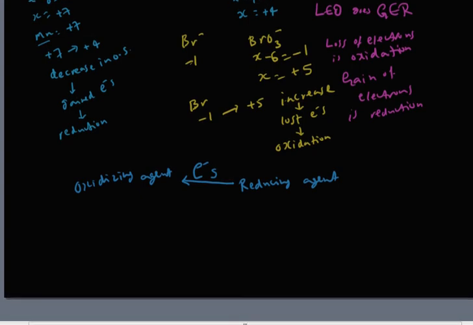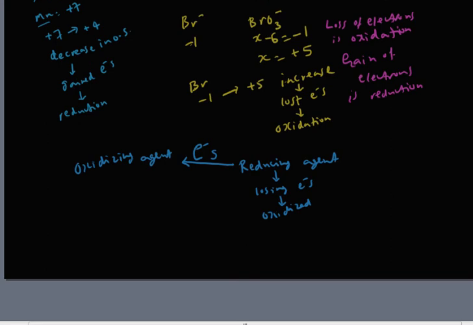Now what does that mean? Well, this is losing electrons, so I can say that is being oxidized. So losing electrons, so I can call that oxidized. And based on the information that we have before, the species that is oxidized here is Br minus.